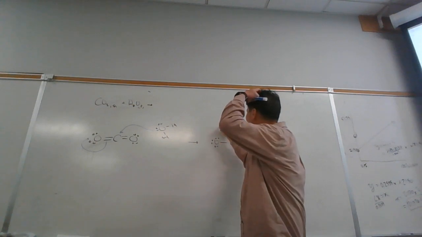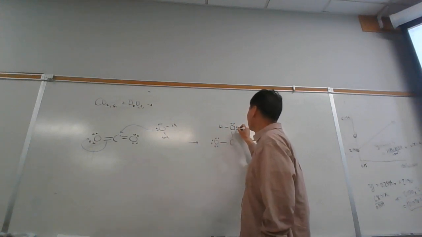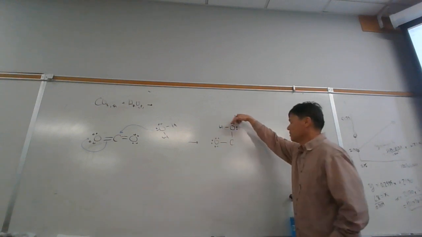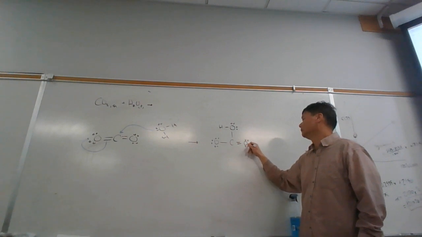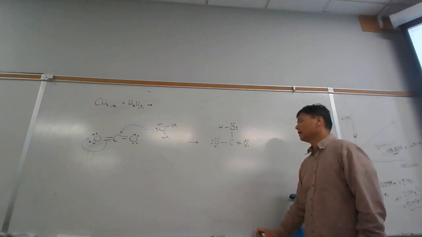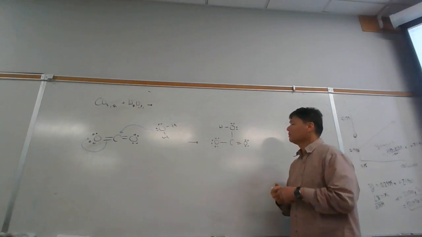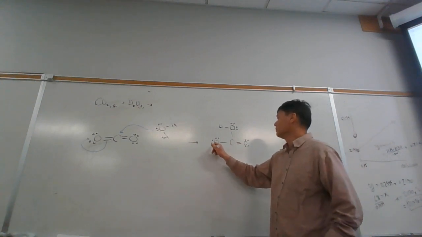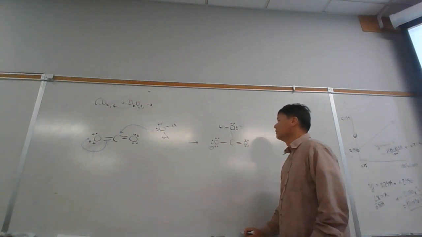Okay, I'm going to flip the hydrogen to this side over here. It doesn't matter which side it is because there's free rotation. It's like a propeller. But I had it written differently in class. And then we have to draw non-zero formal charges. The formal charge on this oxygen is negative. The formal charge on this oxygen is positive.